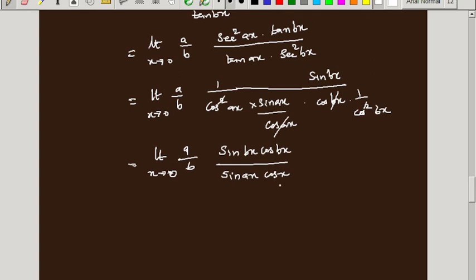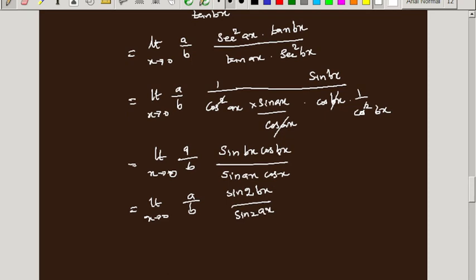Here if we substitute, we get 0 by 0, but before that we can write this in the form of sin a cos a, which is sin 2a, so we can write a by b into sin 2bx dividing by sin 2ax.